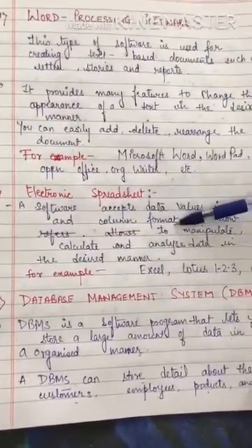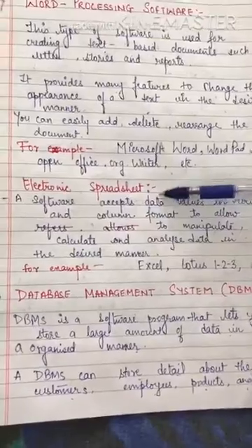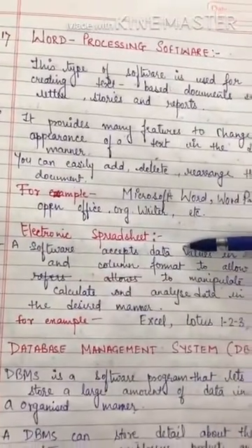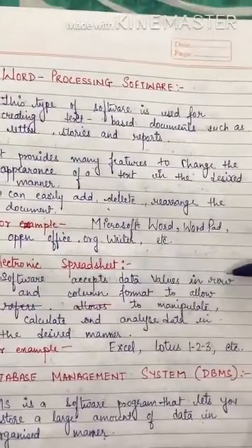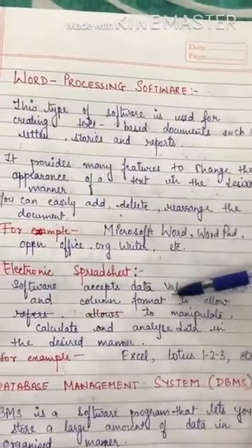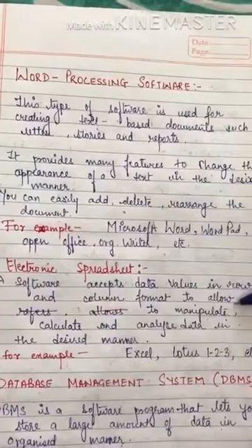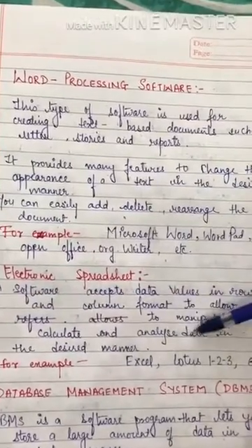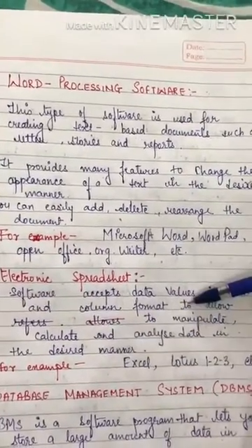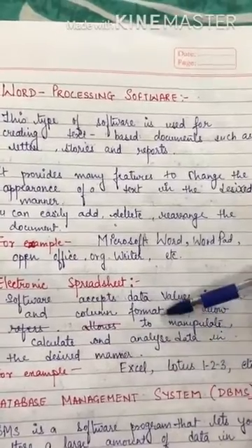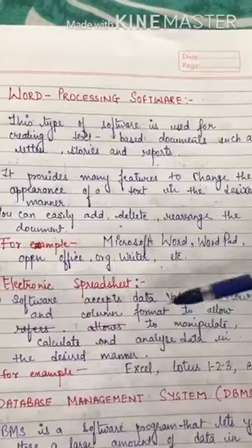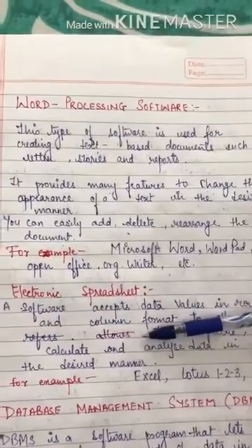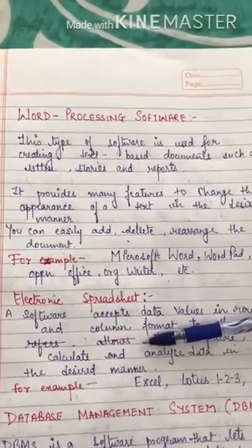Come to the second topic, that is electronic spreadsheet. What do you mean by electronic spreadsheets? The software accepts data values in row and column format to allow you to manipulate, calculate and analyze data in the desired manner. It means spreadsheet programs help us to perform calculations and display the data in the form of charts to analyze in a better way.